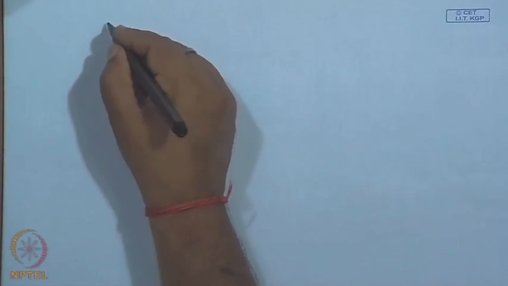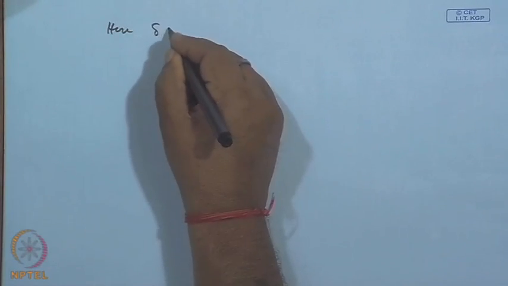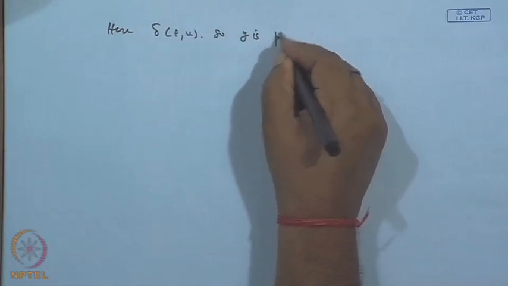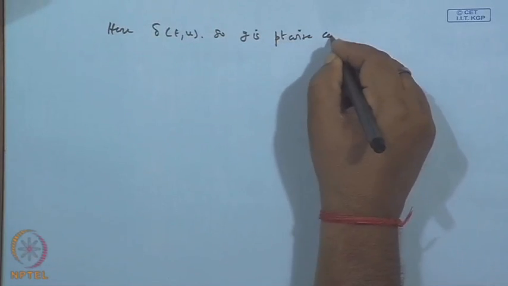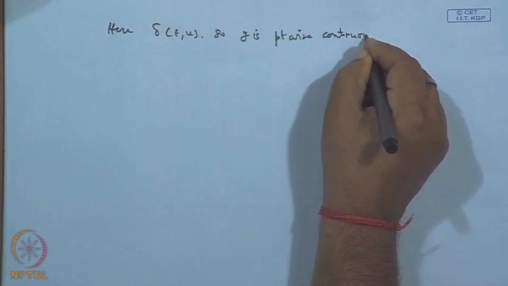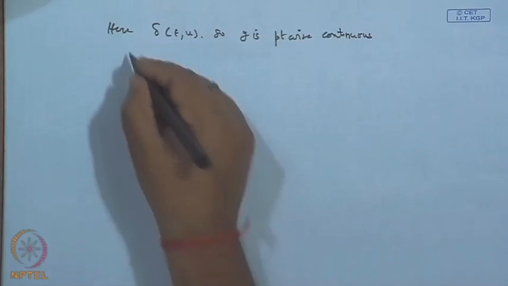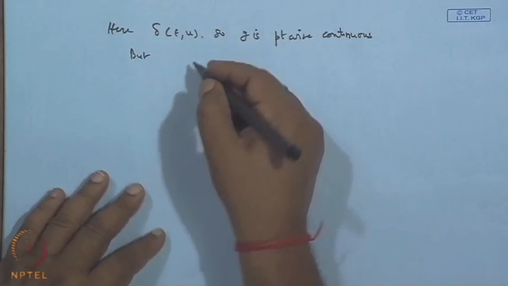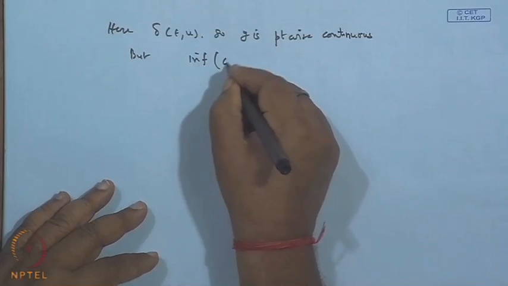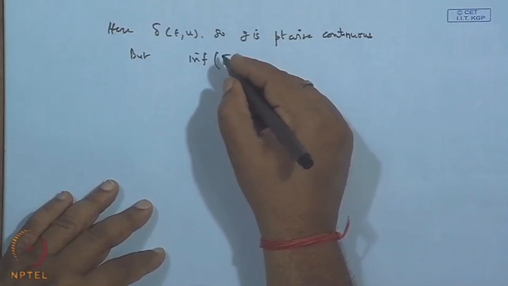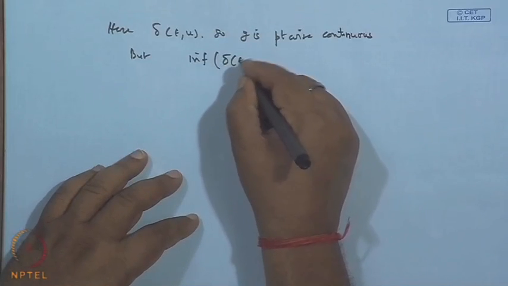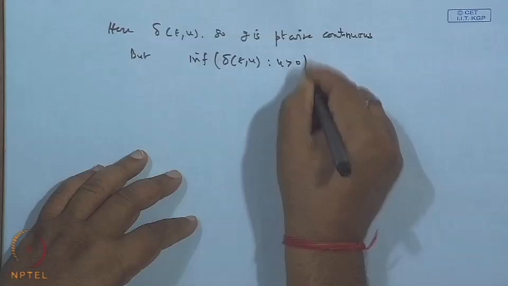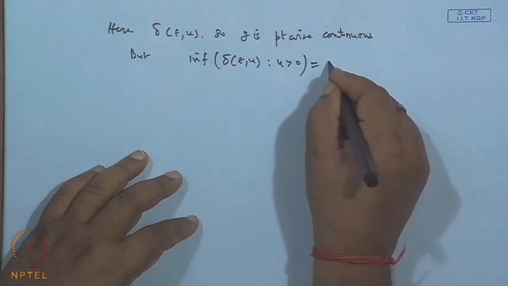Here delta depends on epsilon and u. So g is pointwise continuous, but what is the infimum of all such deltas, which depend on epsilon and u, with u greater than 0? The infimum value of this is coming to be 0.